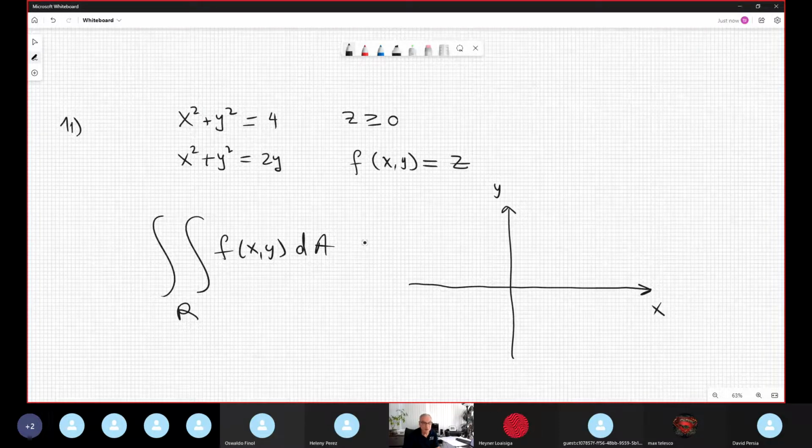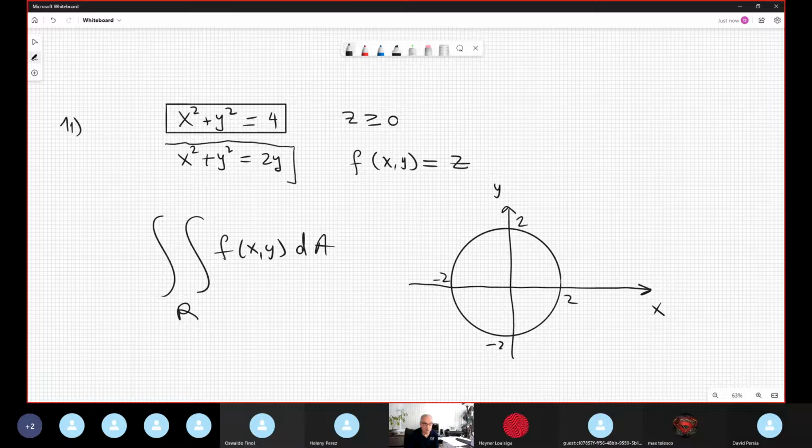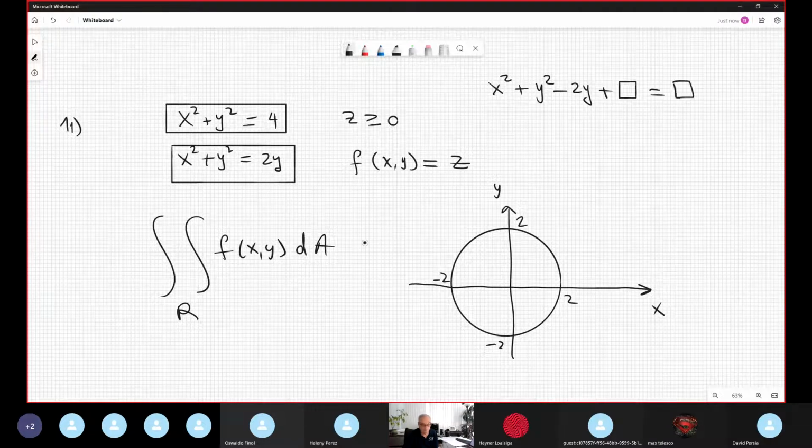Well, first of all, it's a circle, center origin, radius 2. No problem, right? 2, 2, negative 2, negative 2. This is another circle. But to understand it much better, you complete the square. The magic number to complete the square is 1.